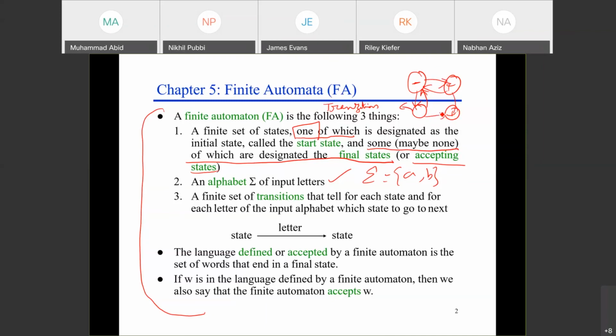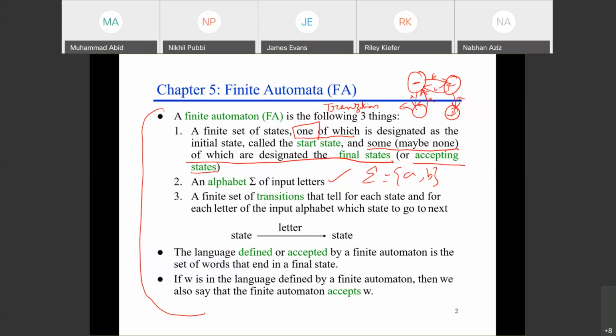It might be possible they are not connected. Some are connected with each other. I mean, it's not that every state should connect with everyone; let's say like this, it is not connected with these two states. And then you will see those letters written as input here. So this is the letter there.